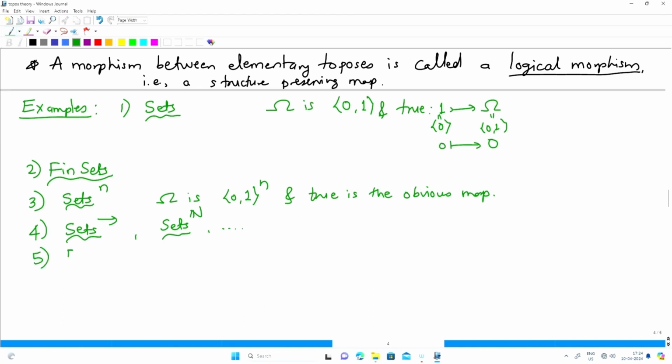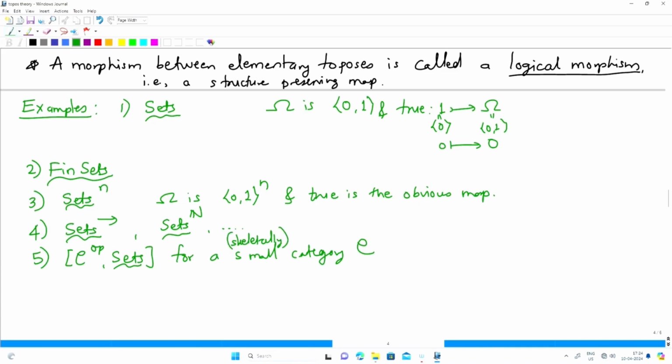We can actually say that sets to the power C, for a small category C, or skeletally small category C, is the pre-sheaf category.